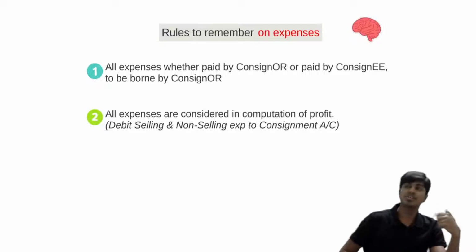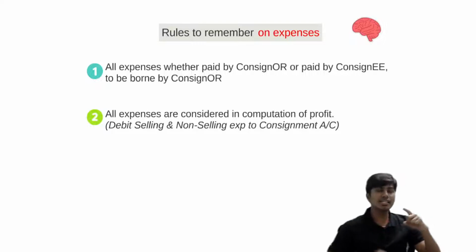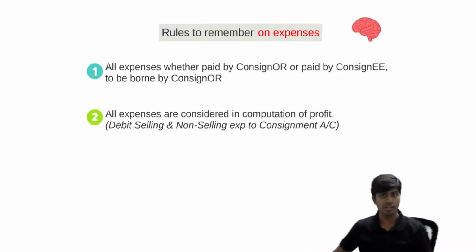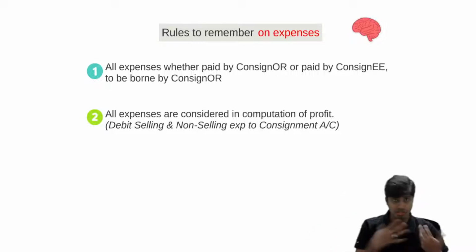Let's say I've sent 1000 units. Consignee has received 1000 units. Consignee has sold 800 units and he has 200 units remaining in his stock. These 200 units remaining unsold are our closing stock. We should write it in the consignment account, in the balance sheet, in consignor's books of accounts.